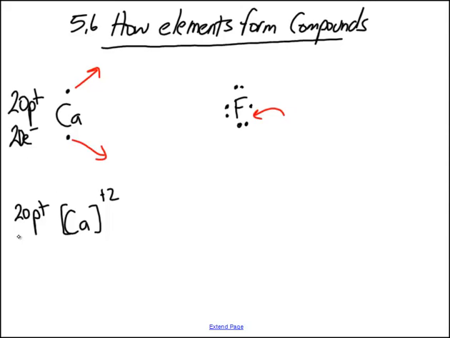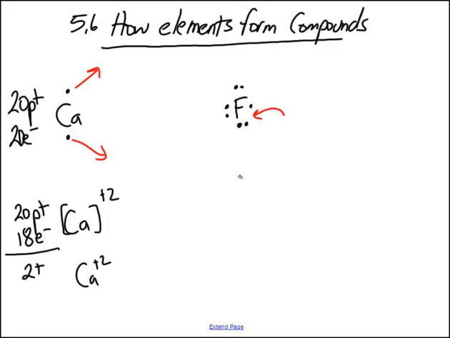They actually gave away 2, so that makes 18 electrons. And so if you look at the charge, you actually have 2 more positively charged subatomic particles than you do negatively charged subatomic particles. So that gives us a 2+ charge.